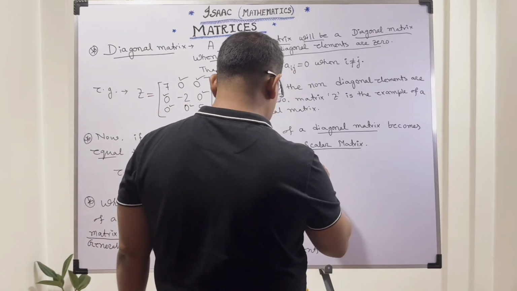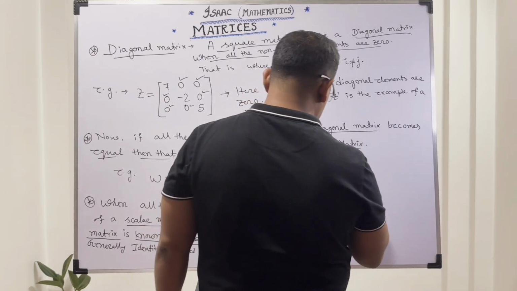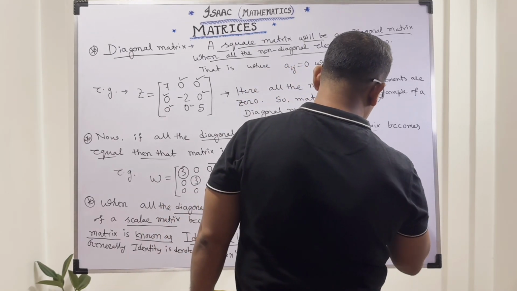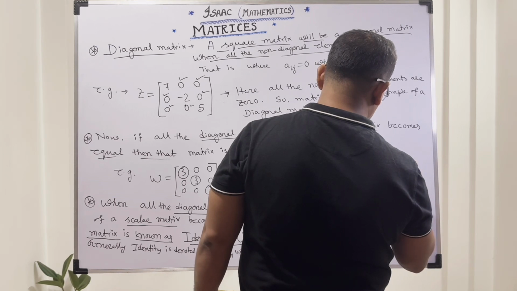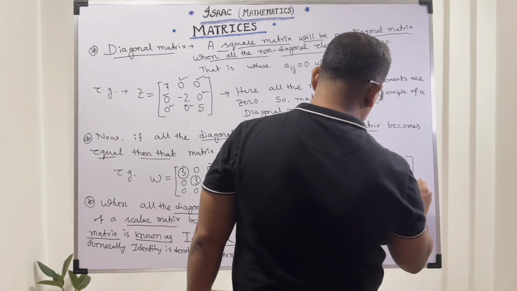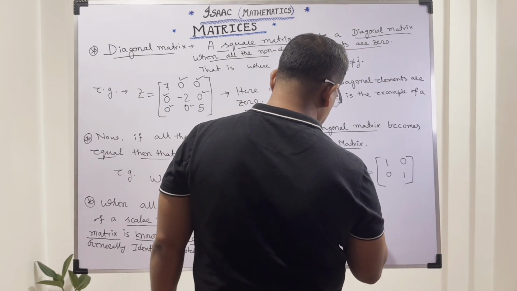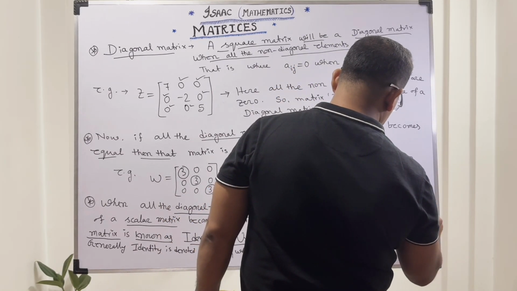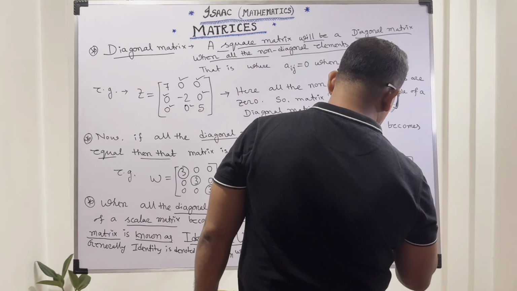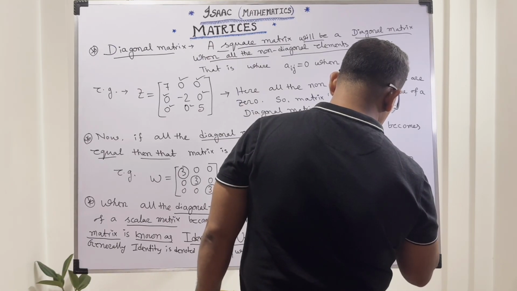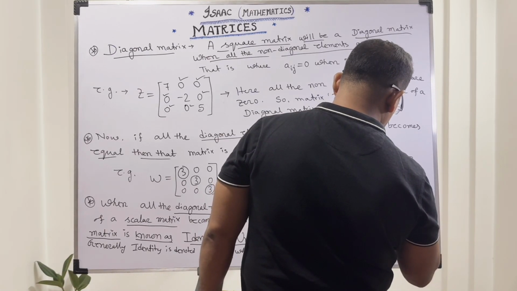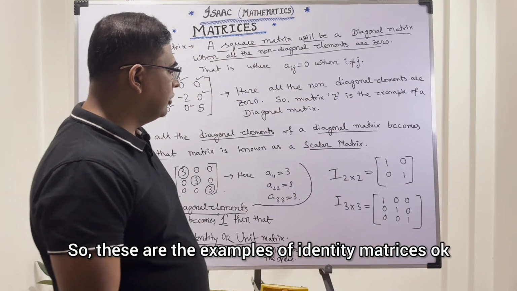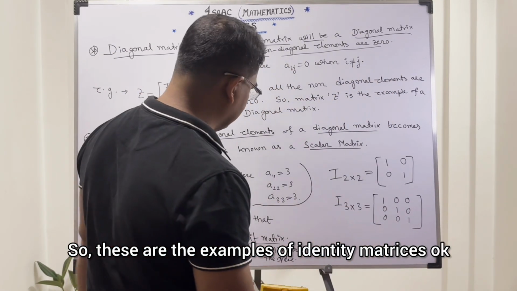Example: so these are the examples of identity matrices. Okay.